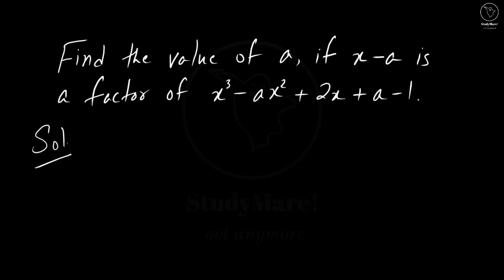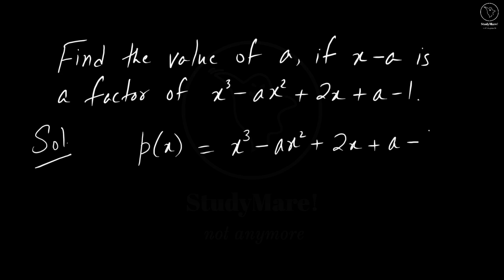It is given that x minus a is a factor of the given polynomial. So let this given polynomial be named as p(x), which is equal to x cubed minus ax squared plus 2x plus a minus 1.